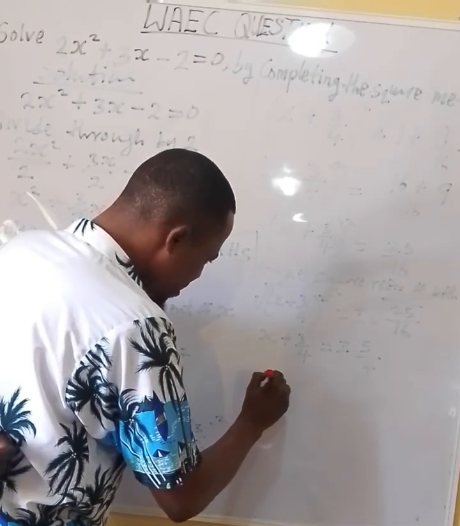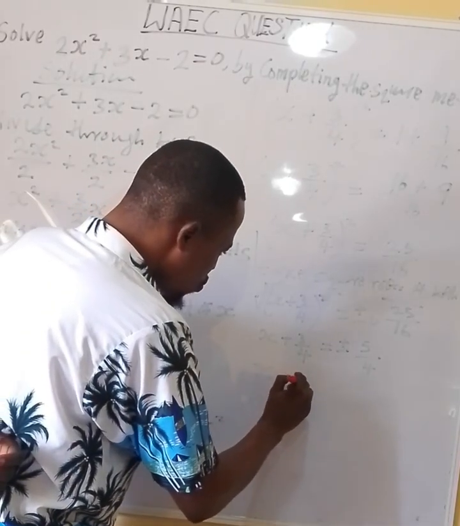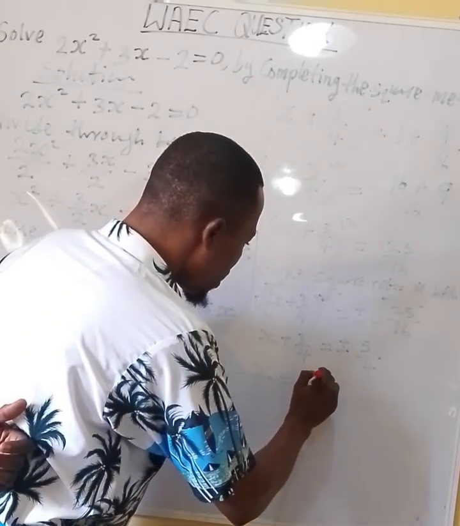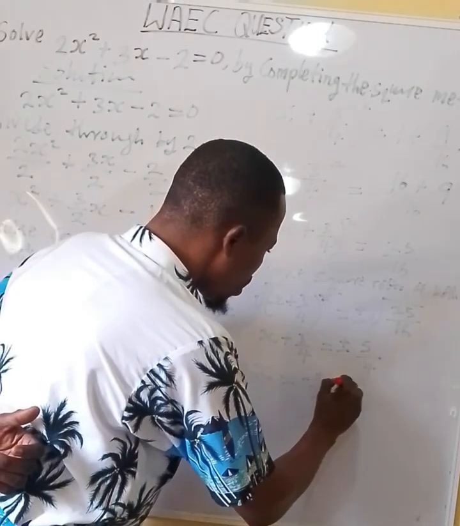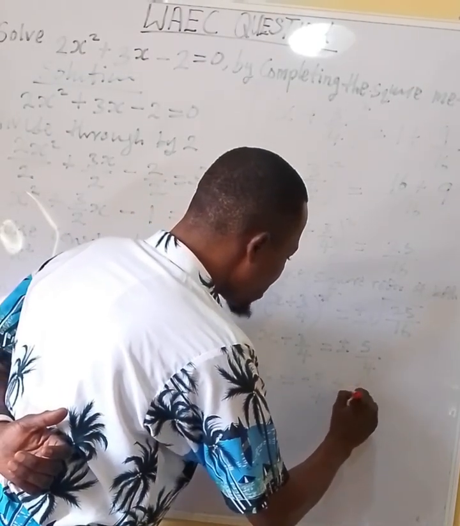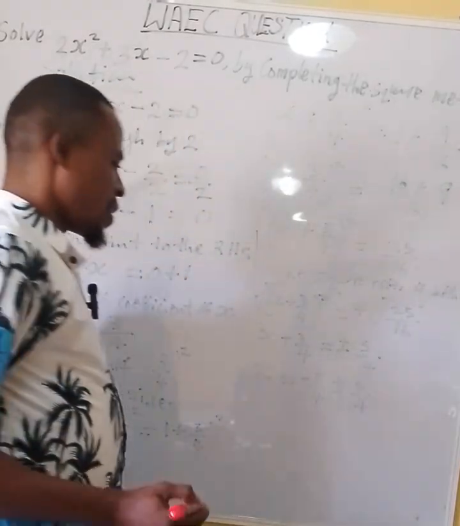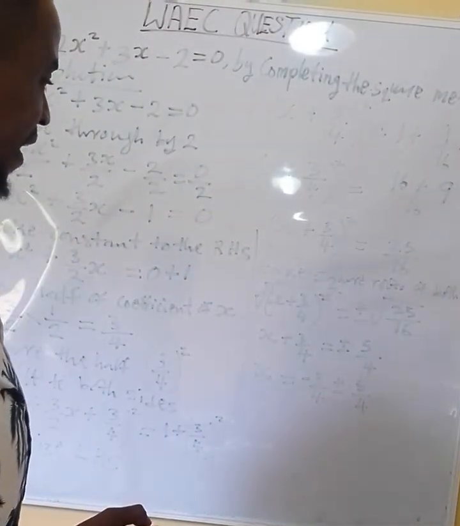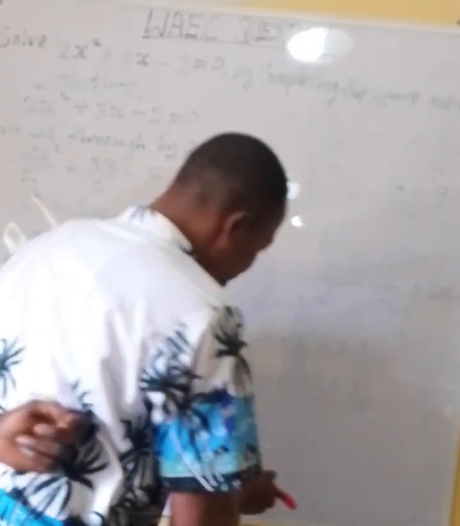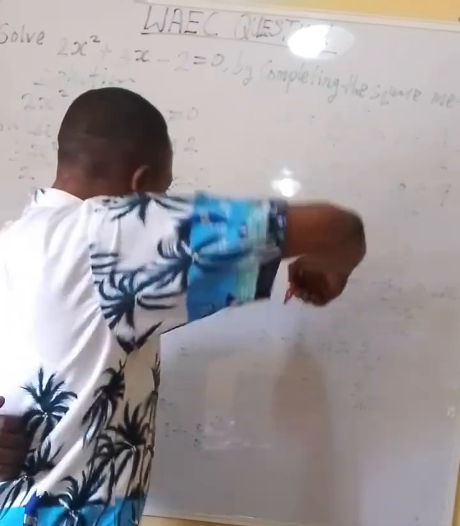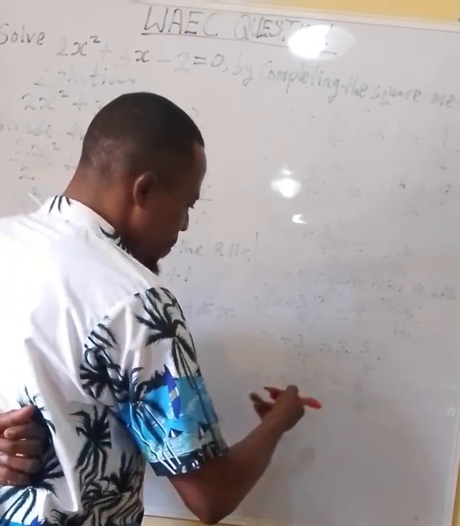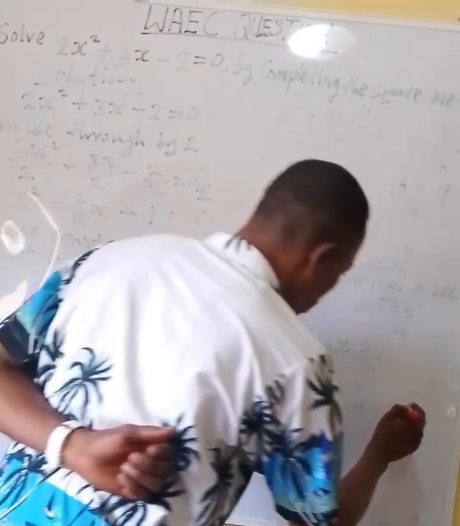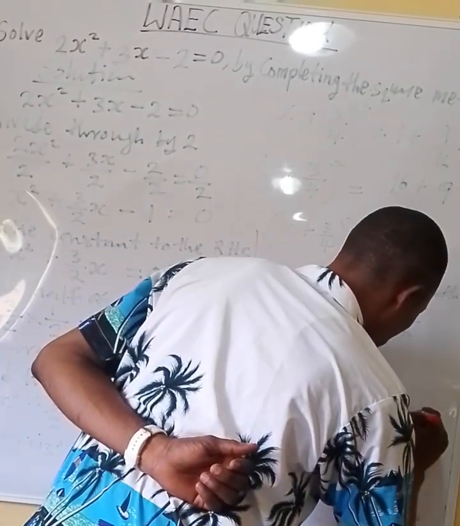Now x equals minus 3 over 4 plus or minus 5 over 4. Are we together now? So the next thing we are going to do is we find the LCM. What is the LCM of 4 and 4? Which is 4.